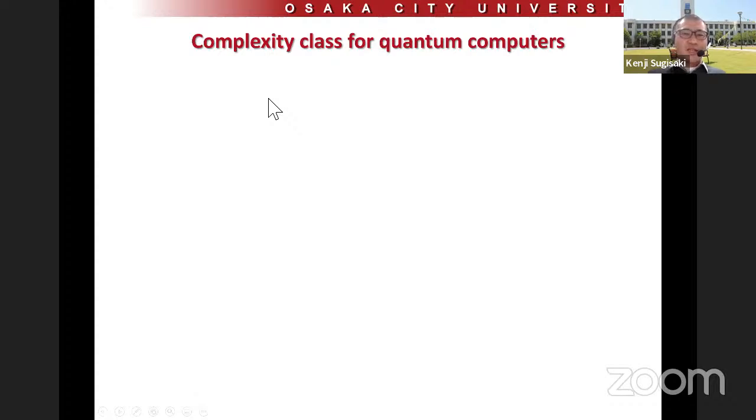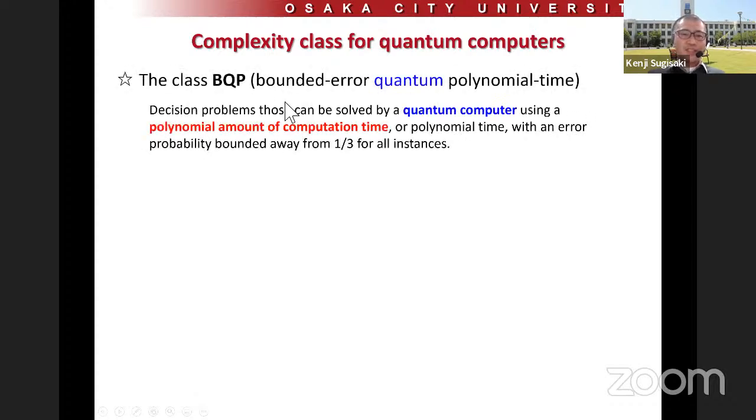First, I would like to introduce the class BQP. BQP is bounded-error quantum polynomial time. BQP is a class of decision problems that can be solved by a quantum computer using a polynomial amount of computation time, with an error probability bounded away from 1/3 for all instances.